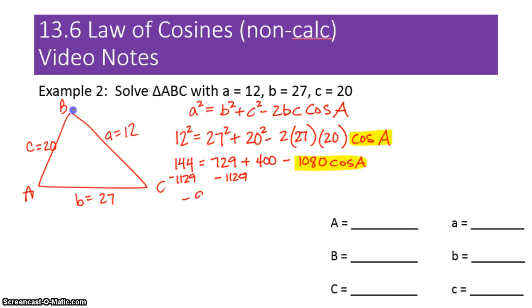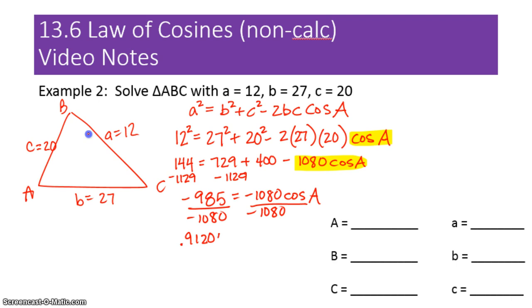And so we get negative 985 equals negative 1080 cosine A. Then we divide both sides by negative 1080 to get that cosine by itself. And we get 0.91204 equals cosine A. And then you're going to inverse cosine 0.91204, or inverse cosine your answer, which will give you a more exact number, and A is 24.2.